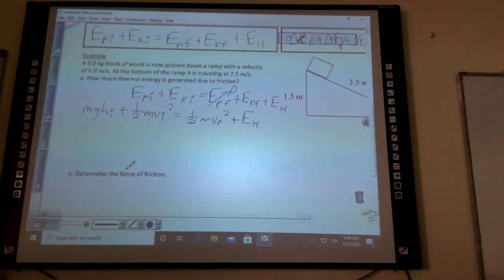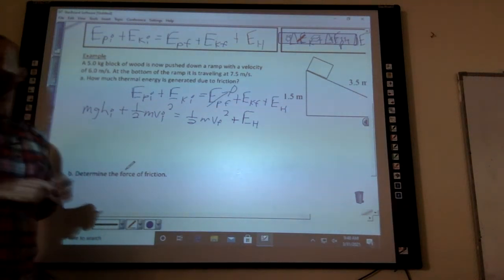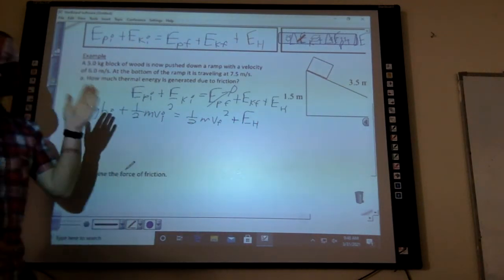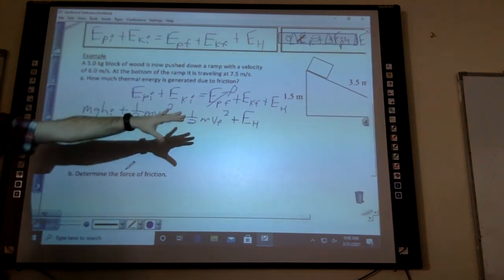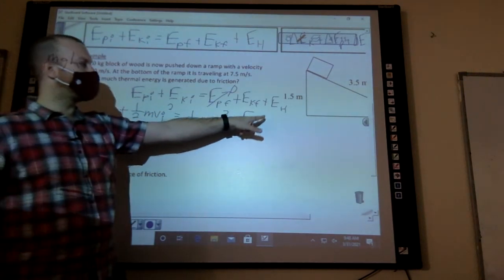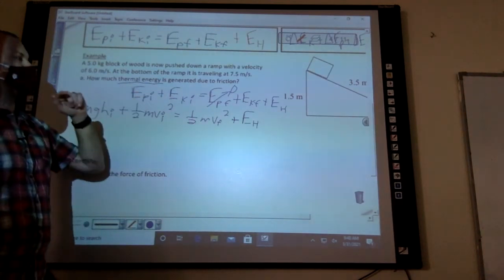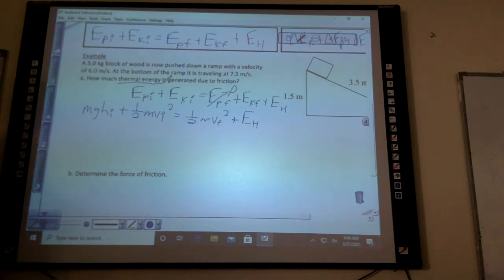Because the equation of the energy is... yeah, this one doesn't have a mass. Technically, if I wanted to write it as mc delta t, like we learned last year, I could get a mass from this, but we're asked what is the thermal energy. So I'm actually solving for E_H. Therefore I cannot cancel out the masses, I just need to solve for this.